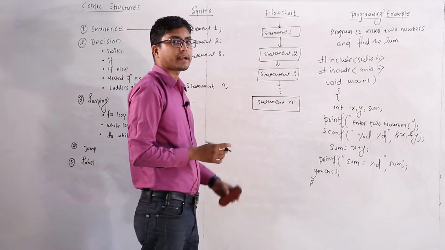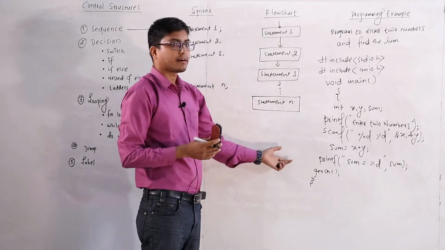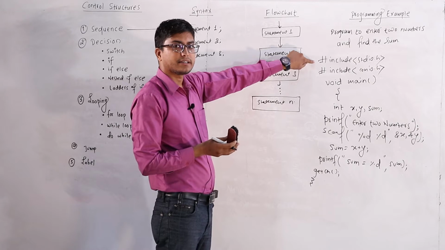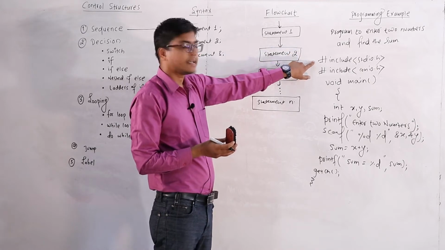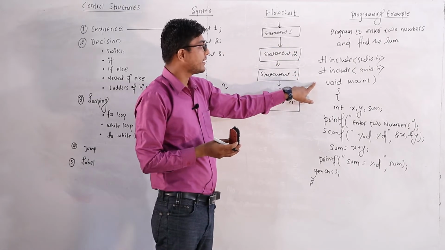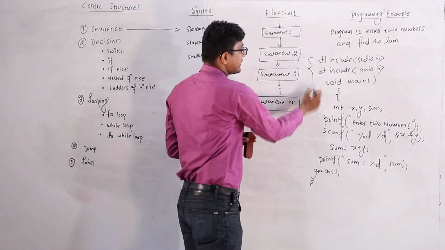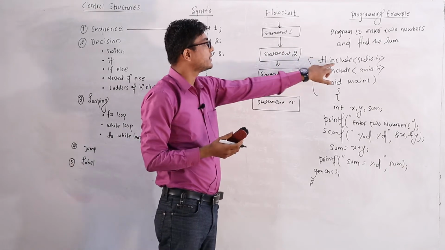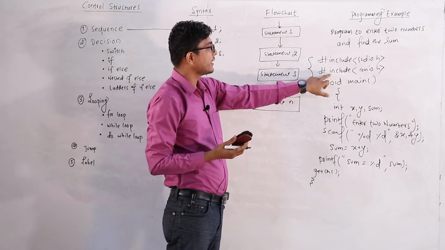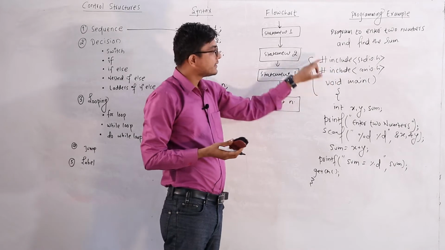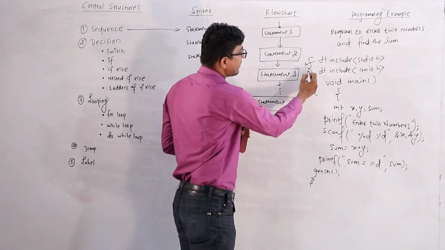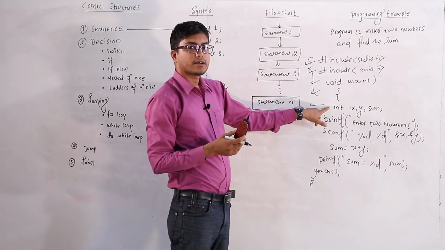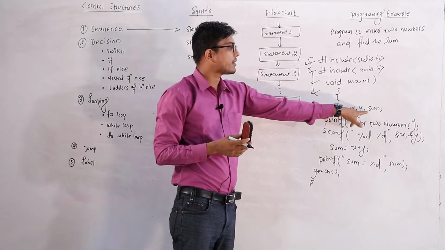Now in this simple program, if we compile this program manually, first of all this statement or instruction is executed: include stdio.h, conio.h, void main. I don't have to explain all of this because I think it is very simple, basic. Why include stdio.h, what it does, include conio.h. These are executed one by one, 1, 2, 3, 4, 5. Now integer x, y and sum, there are 3 variables, x, y and sum, created.